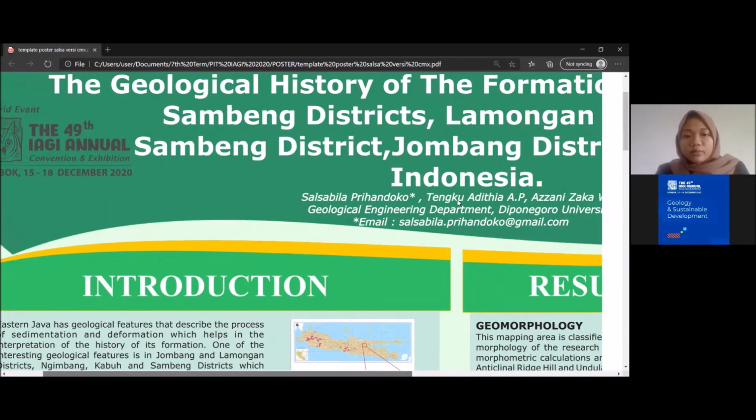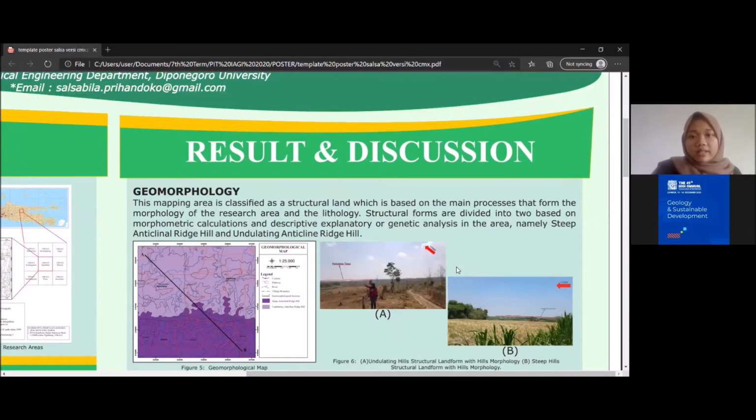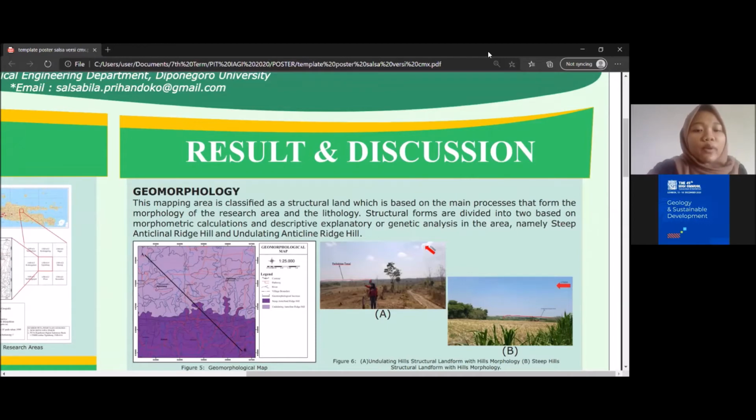Now let's move on to the main part of the presentation, which are results and discussion. The geomorphology of the study area is classified as structural land, based on the main process that forms the morphology of the research area.